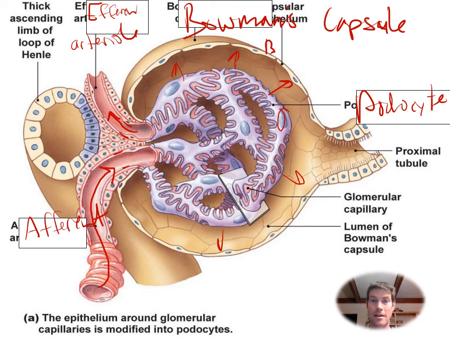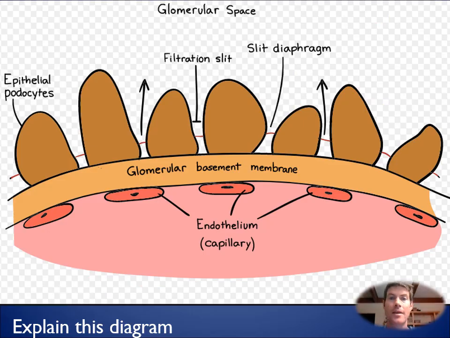So yeah, this is kind of the pre-urine. It still has all that good stuff like the glucose and the water and some amino acids your body's going to want to get back later on. So here's inside the capillary.